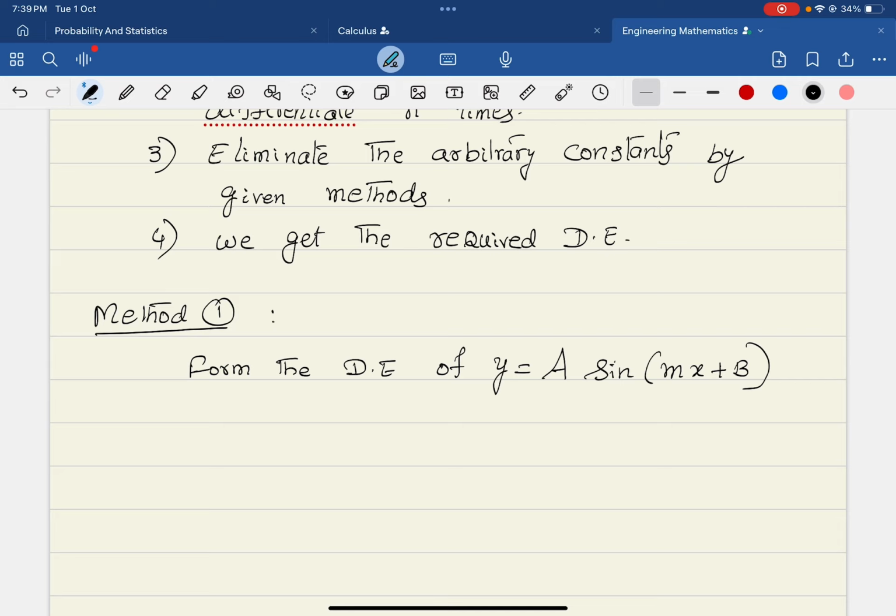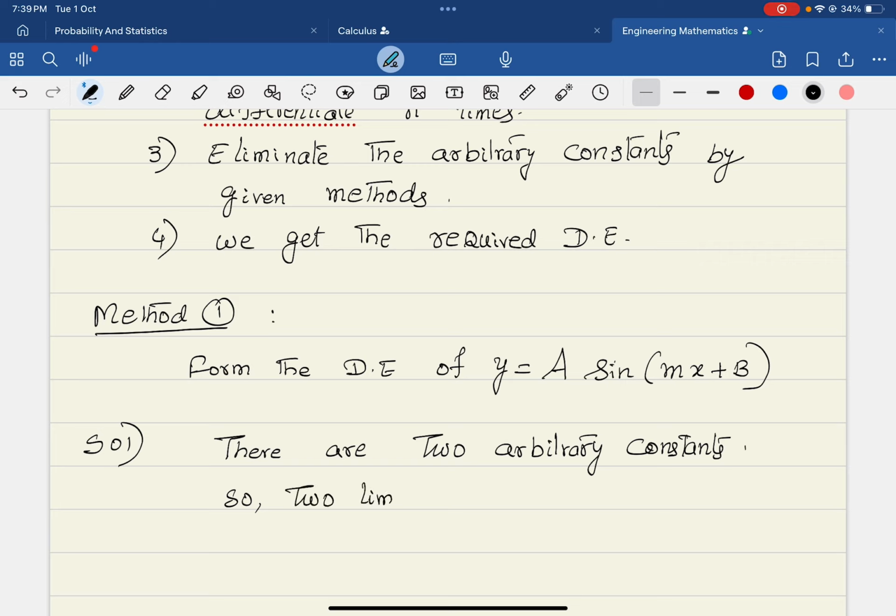So first, how many arbitrary constants are there? There are two arbitrary constants, a and b. So how many times do we have to do differentiation? Two times differentiation must be done.